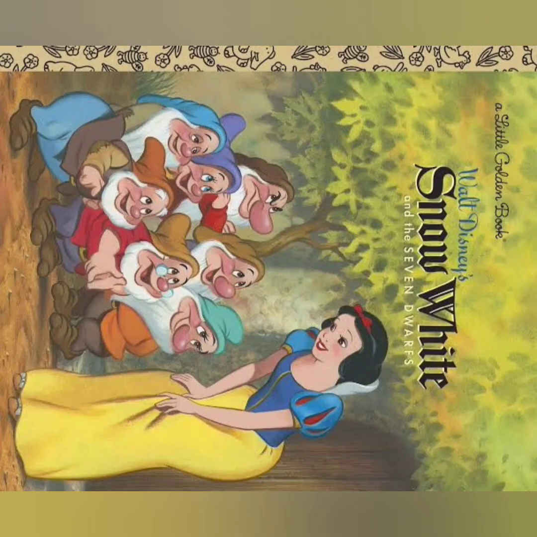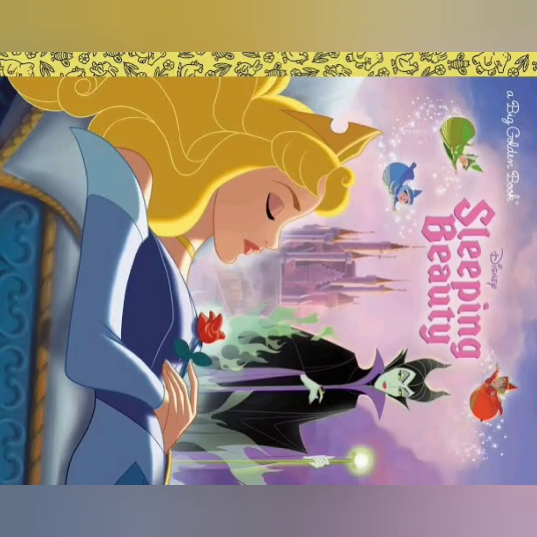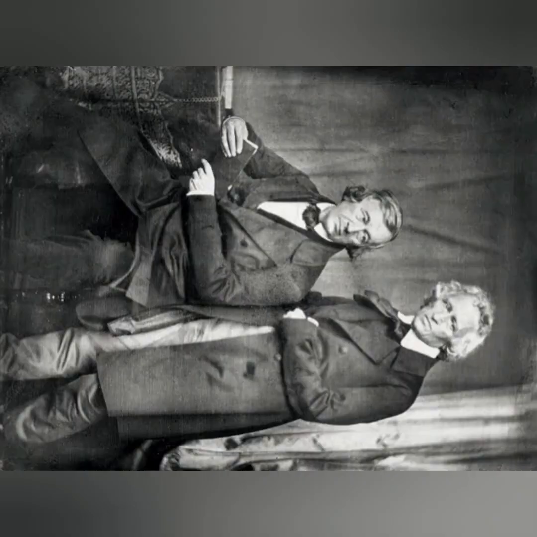Some examples of classic literature are Snow White and the Seven Dwarfs, The Little Mermaid, Sleeping Beauty, Cinderella, and many, many more. Let's continue reading from our textbook again. Jacob and Wilhelm Grimm are two brothers who are best known for their collection of fairy tales.